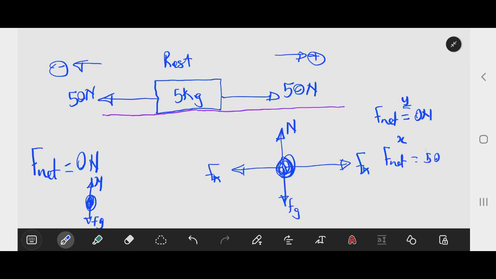Then that would be 50, which is the positive one, plus negative 50, which is the negative one, and your F net is still equal to 0. So what will happen to the object when you apply these two forces of 50 newtons at the same time? The conclusion is nothing will happen to the object. The object will remain at rest.